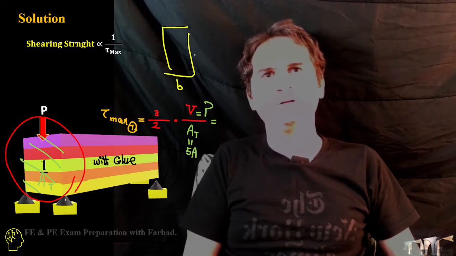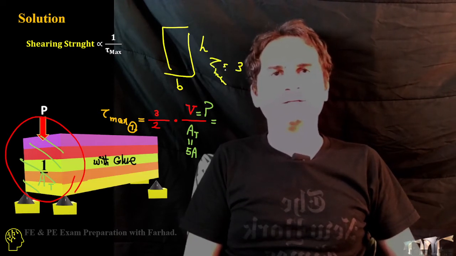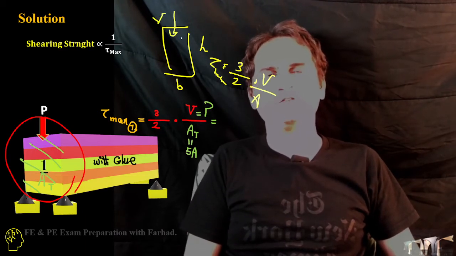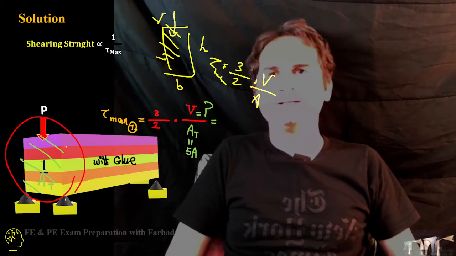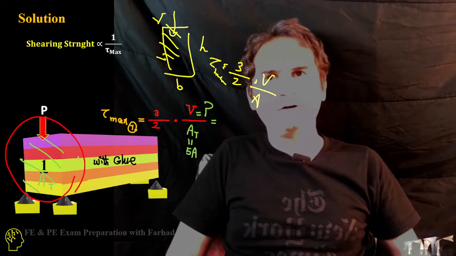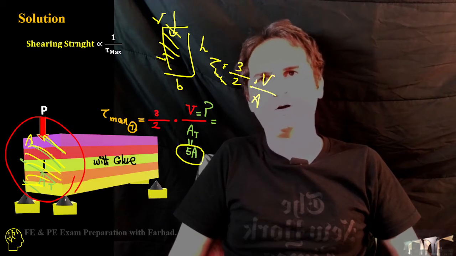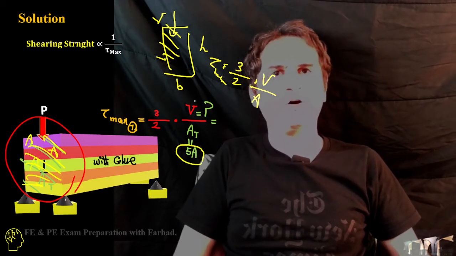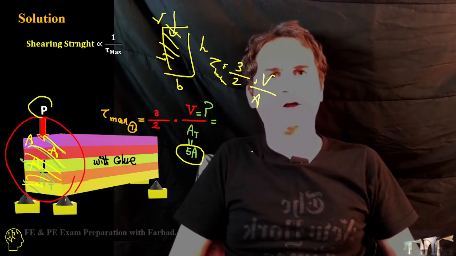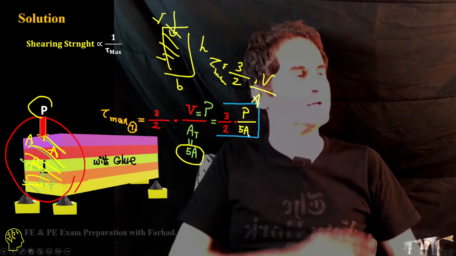If you remember, tau max is equal to 1.5 shear, vertical shear, over the area, which is B times H. When we stick the boxes together, the whole cross section acts like a unified cross section with the area of 5A. Each of them is A, and 1.5 V, which is vertical shear, equal to P in our case, over A total, which is 5A. If you solve it, it's 1.5 P over 5A in scenario 1.